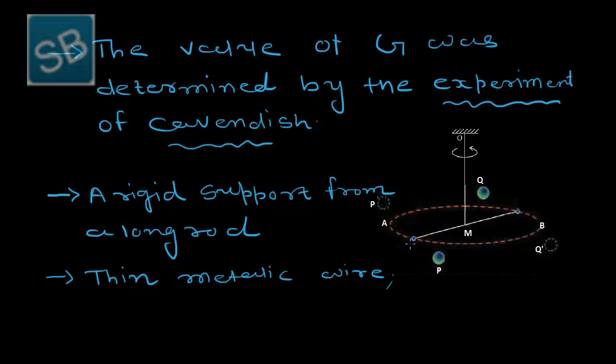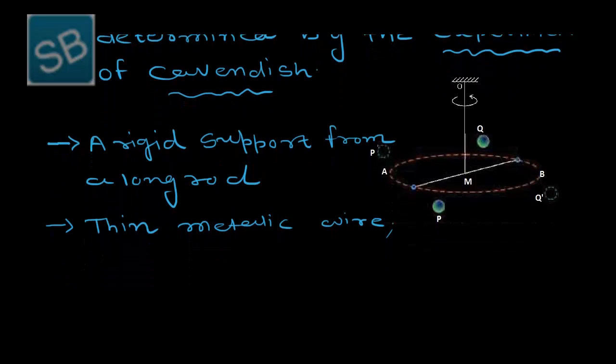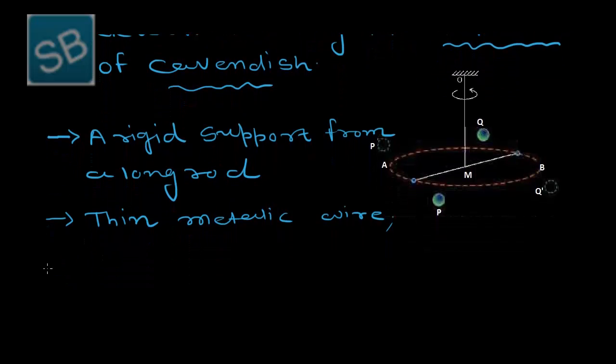And here what you see, A and B are nothing but the ends of the rod, and they are actually small equal lead spheres.